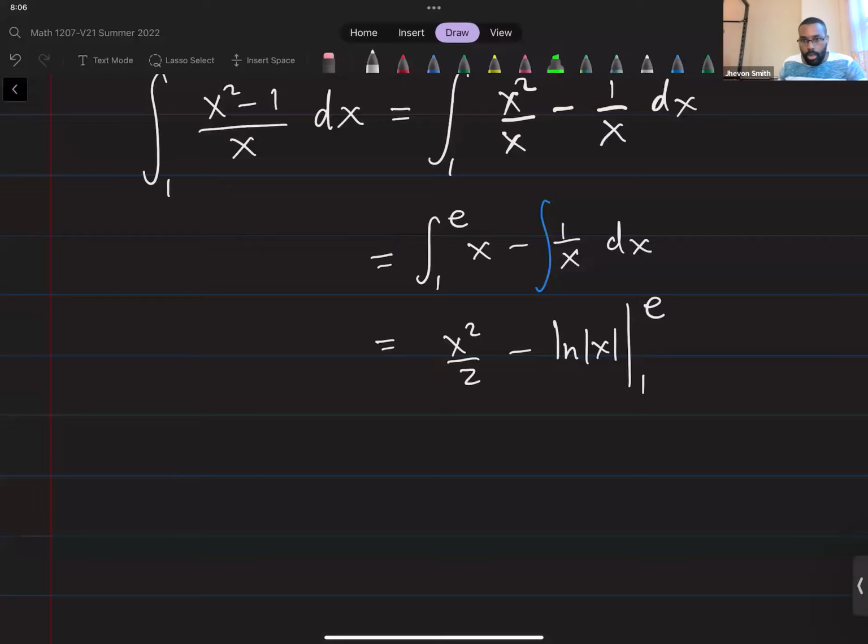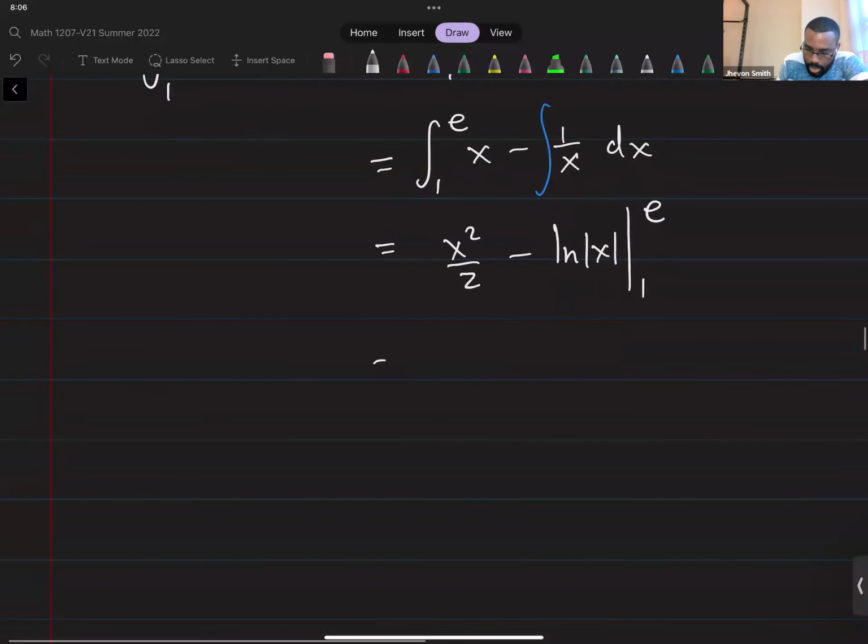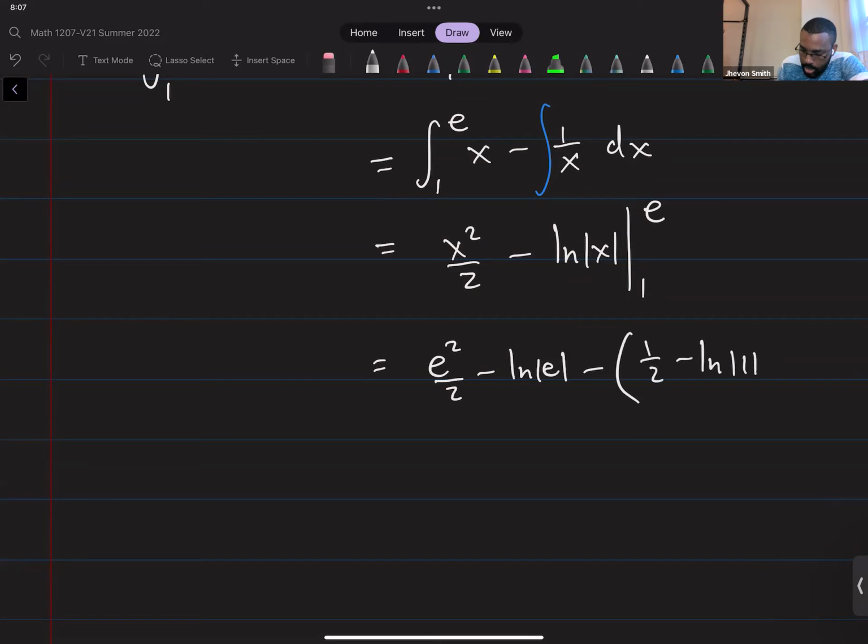Going between 1 and e, I can plug in e for x, minus plug in 1 for x. Now, log of 1 is 0, ln of e is 1.